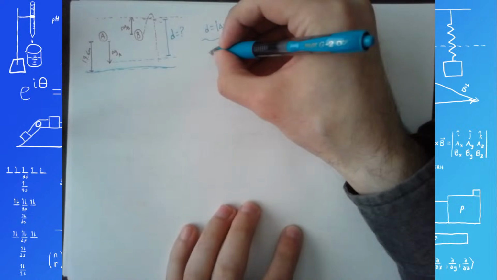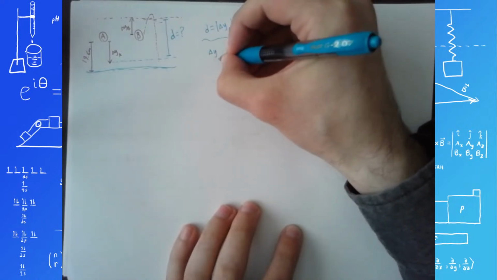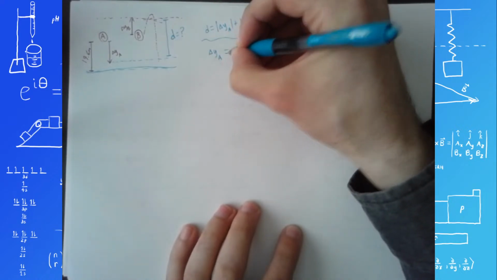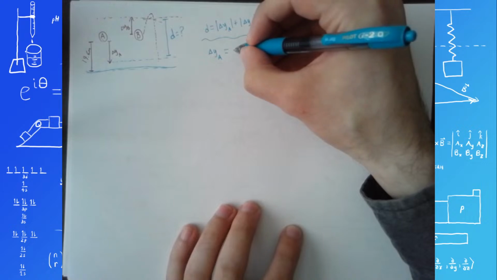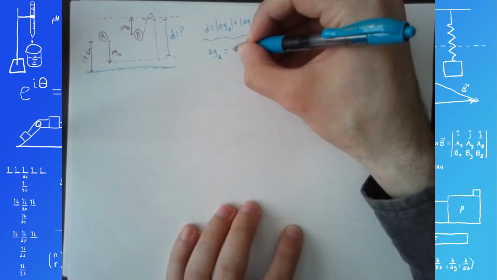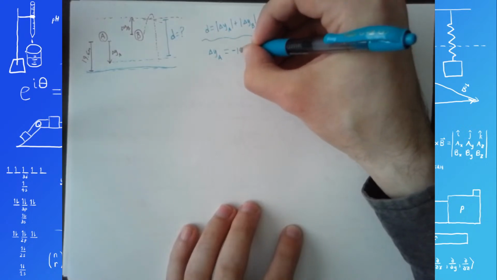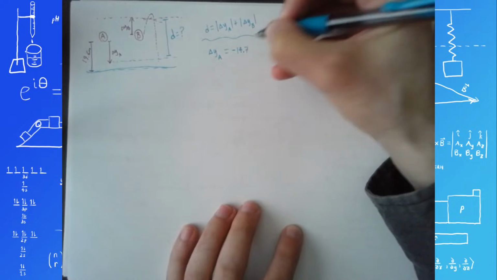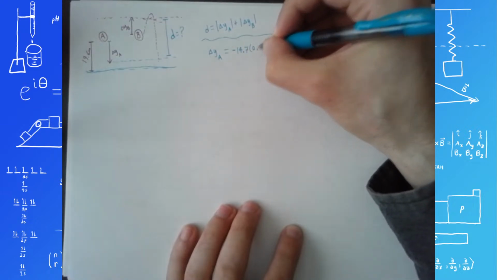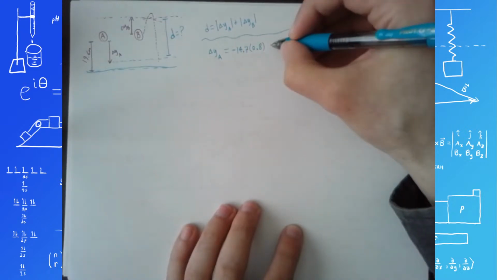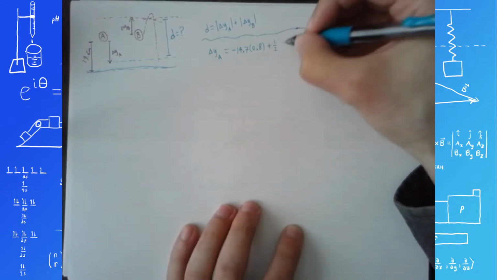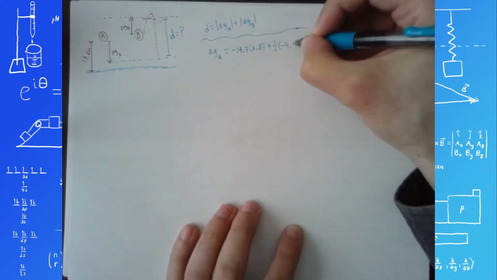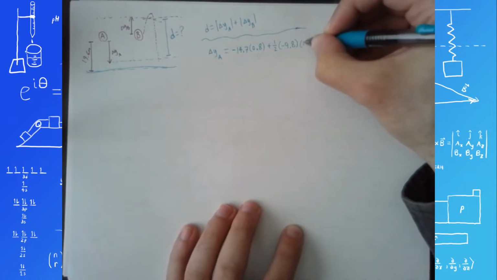Second equation of kinematics for A, we've got delta YA is equal to V initial negative 14.7 times t 0.8 seconds plus 1/2 acceleration times t squared.